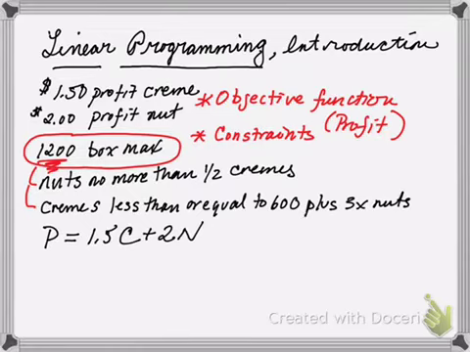And that's the profit function. And then if I did nothing else at this point, as far as linear programming goes, I've got this 1,200 number here, and I could try some different numbers for C and N and look at some different profits that I could possibly get.